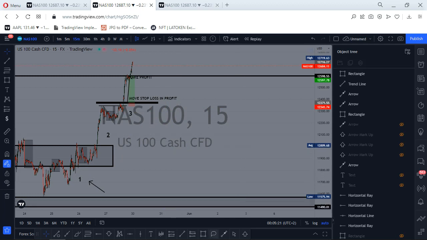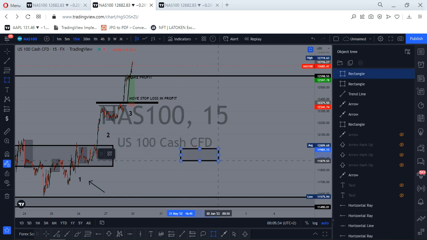So let me show you what kind of setup this is. The setup is like this. For example, this is my accumulation for the week.